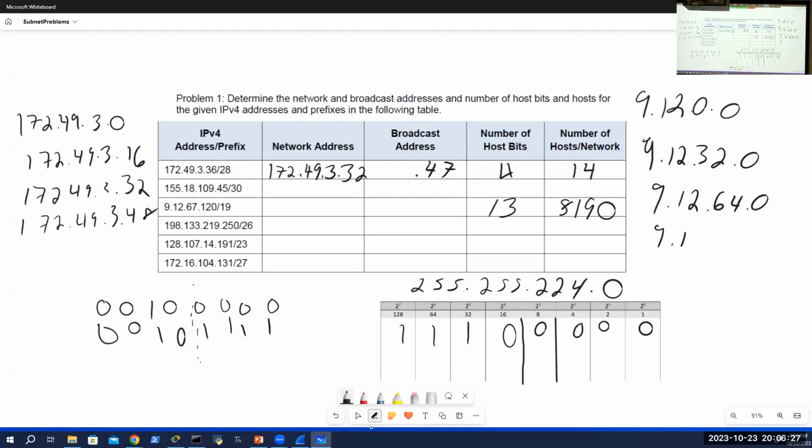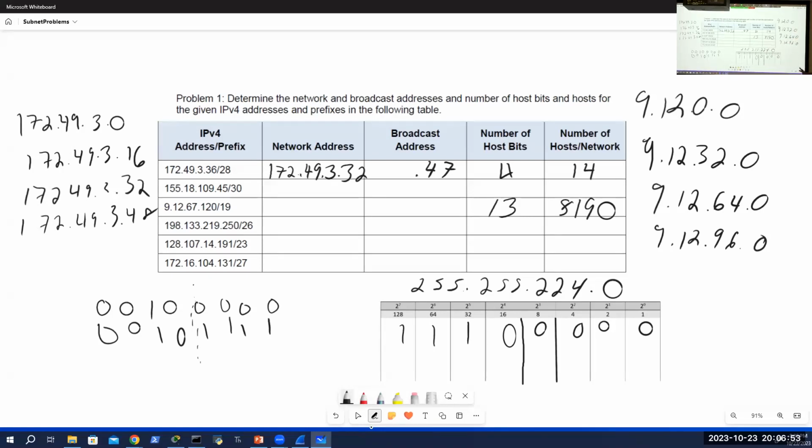And then 9.12.96.0. Those are the only ones we need to put down because they cover our .67. So which of these networks does this 9.12.67 fall in? Yeah, it falls in this one. So that's our network address.